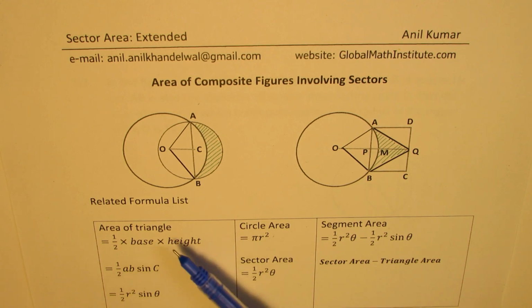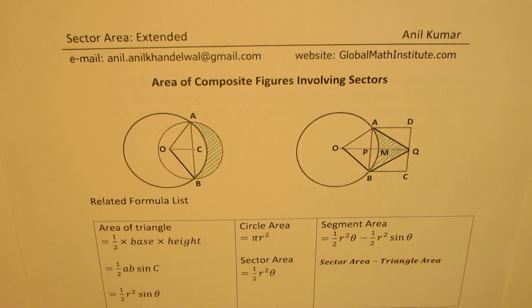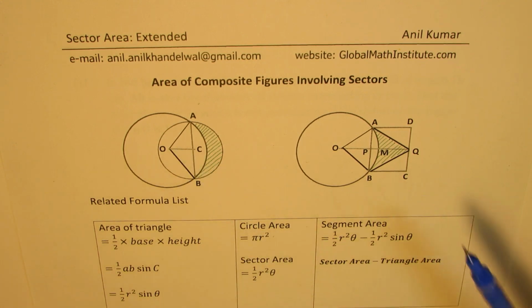So as you know, these formulas: area of triangle, half base into height. And in trigonometry, for any triangle ABC, area is half ab sine C. And if both a and b are equal to r, the radius, as is the case when we are working with circles, then it is half r squared sine theta, where theta is the angle subtended at the center.